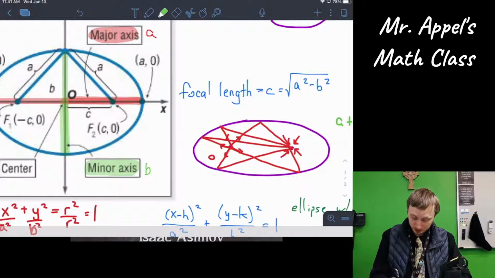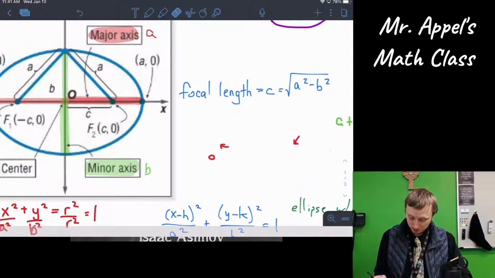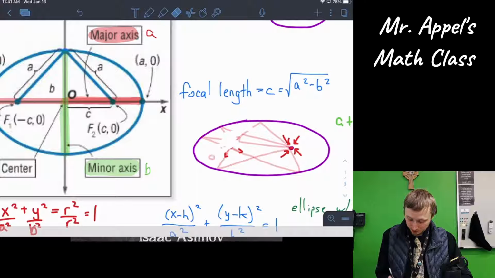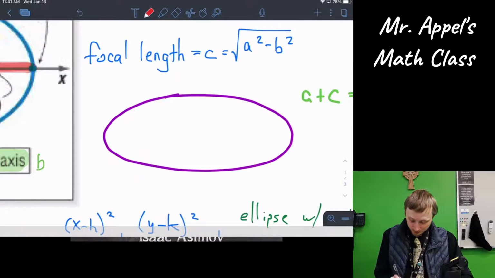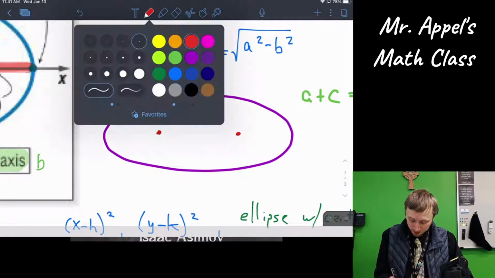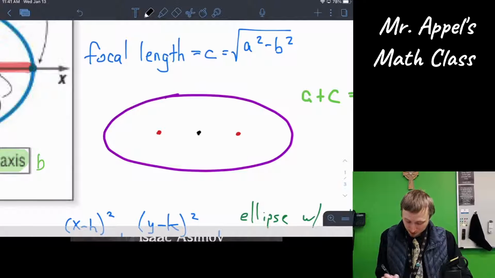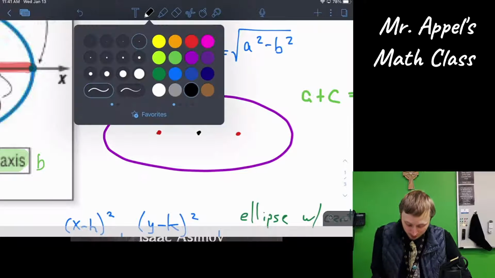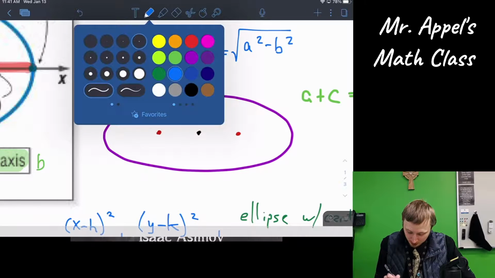Whoops, that's not the eraser. Oh, wait, no, I didn't want to get rid of the ellipse. Let's go back to this picture. Set up my foci here, and we'll set the center point right there. So we've got lots of things we can draw in.